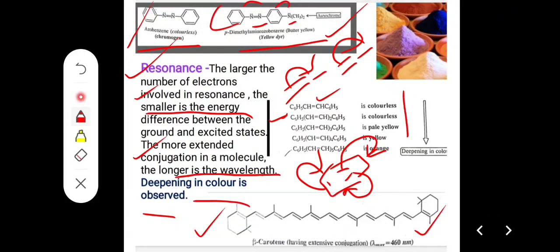In this way as double bonds increase, the color deepening increases. The first one is colorless, then colorless. Then C6H5(CH=CH)3C6H5 is pale yellow. Then C6H5(CH=CH)4C6H5 should be yellow. The last one, C6H5(CH=CH)5C6H5, should be orange in color. So color deepening can occur.